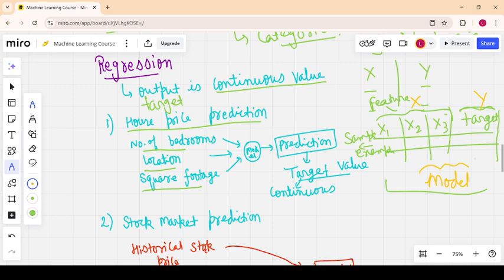The model learns the underlying pattern in the dataset, and this model can be used to predict the price of a house. The price of a house is a continuous value, that is, an infinite value.